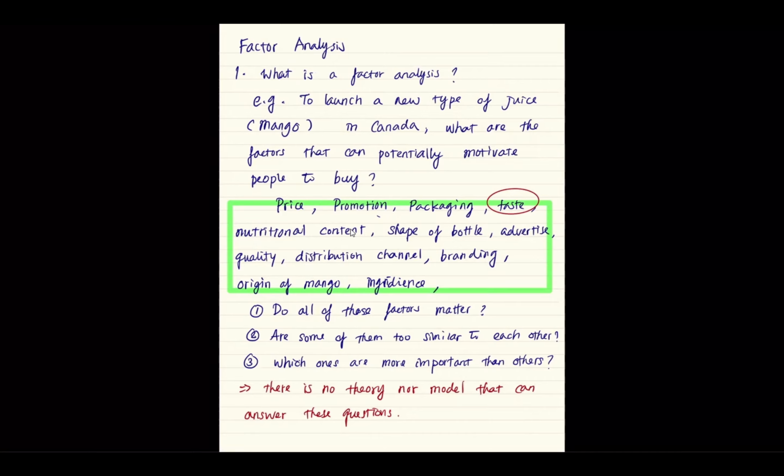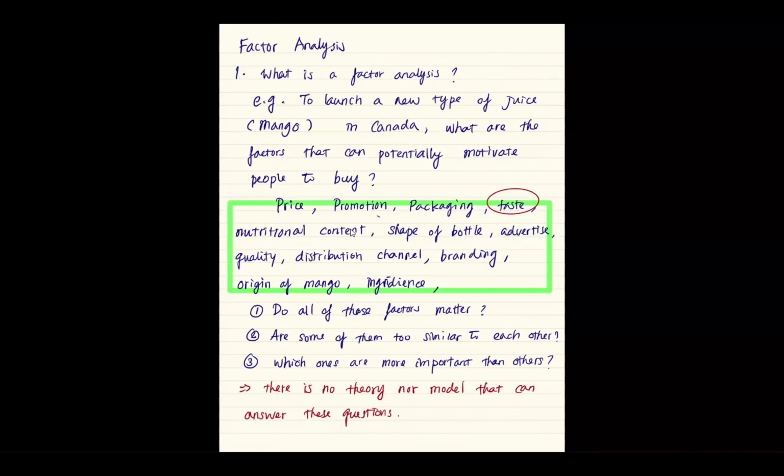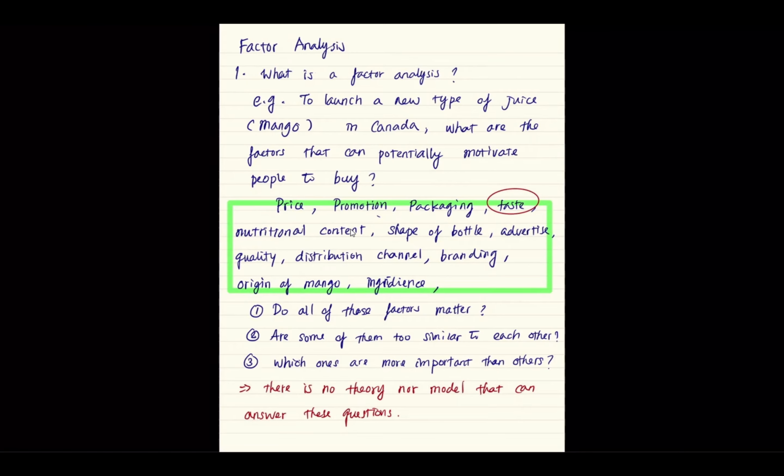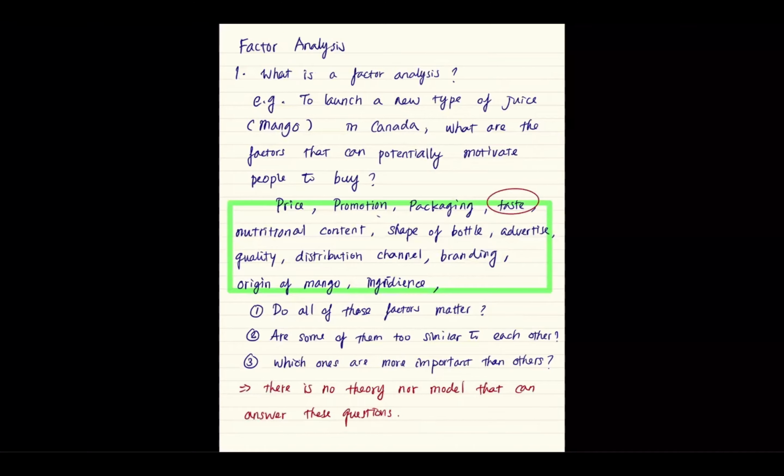The X's have to be independent. However, we do not know that. When we look at those factors, we have no idea what their interrelationship with each other is. So again, we could use factor analysis to solve this problem.